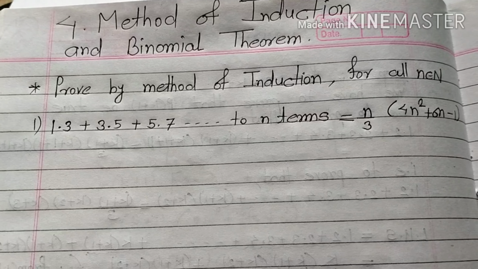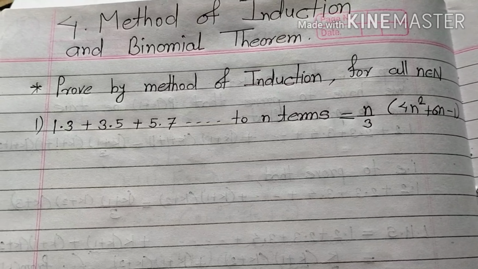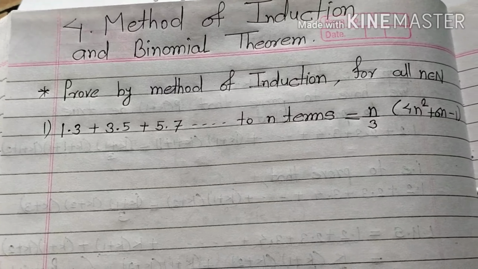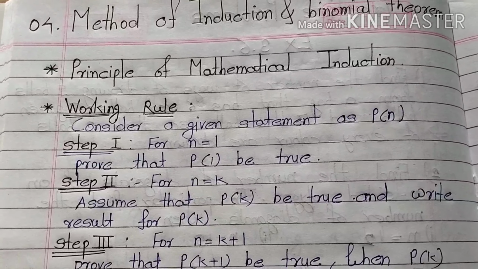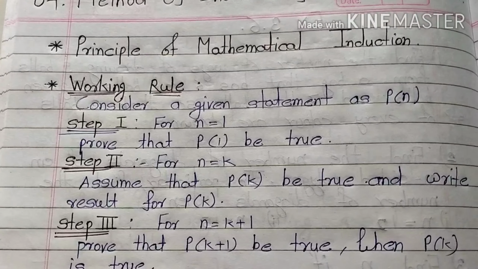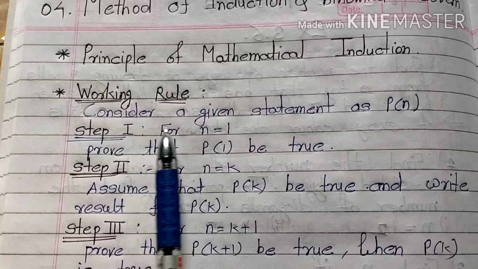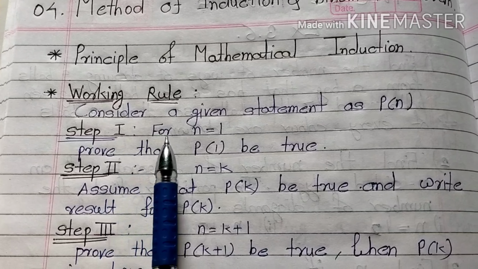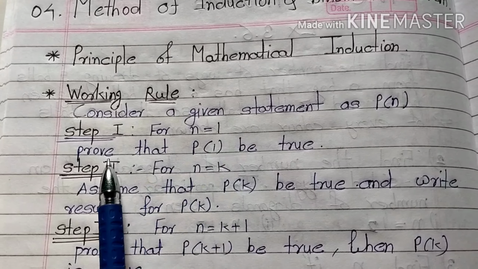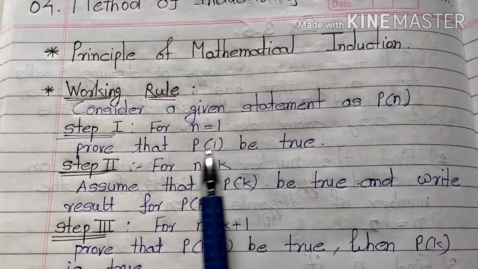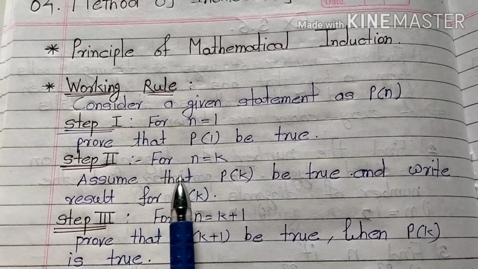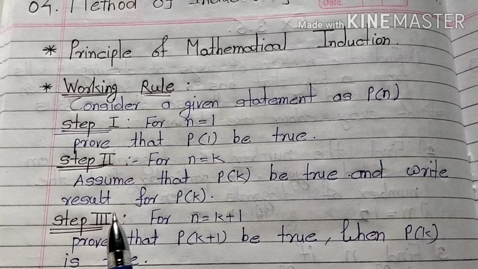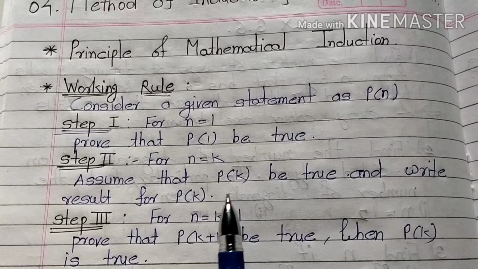Before starting the example, we revise a rule, that is the principle of mathematical induction. So here is the working rule. Consider a given statement as P of n. Step first, for n equal to 1, we have to prove that P of 1 is true. Step second, for n equal to k, assume that P of k is true and write the result for P of k.